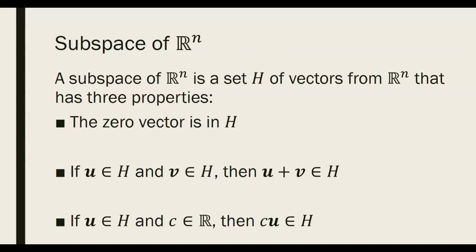All right? So those are the 3 properties of subspaces. We have the 0 vector has to be in the subspace. It has to be closed under addition. And that last property, what we say is it has to be closed under scalar multiplication. So if a set has the 0 vector, is closed under addition, and closed under scalar multiplication, then that set is a subspace of Rn.